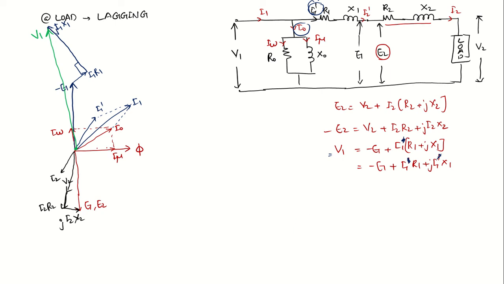Now next, phasor diagram at a leading load. Now the same flux as reference, phi, E1 E2 90 degree lagging ആണ്.